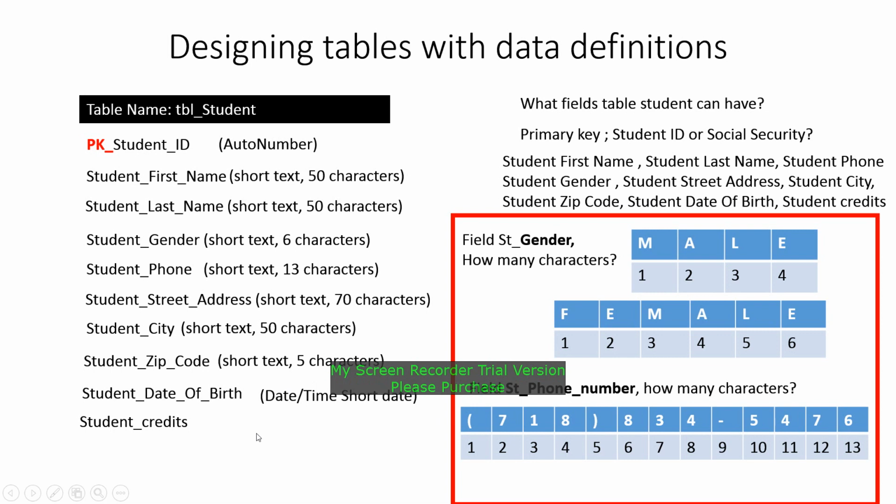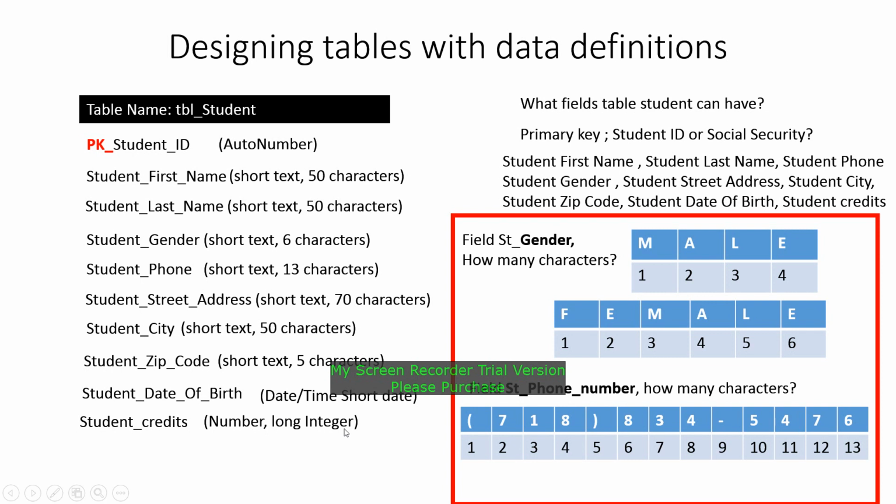And the last one for this exercise, student credits. For student credits, we'll have the data type as a number, because we do math with student credits. Sometimes we want to calculate how many credits a student has, or how many credits a student needs to graduate, right? So it's going to be number, and it will be long integer.